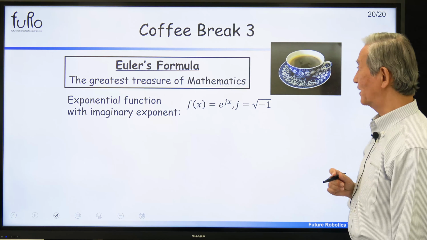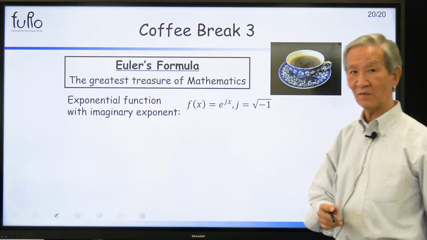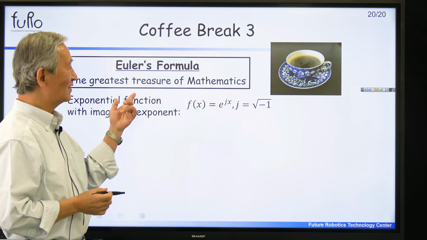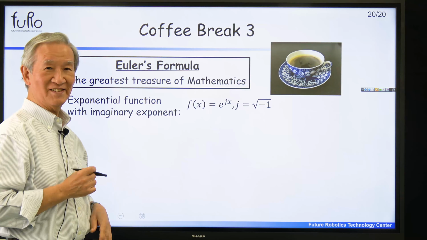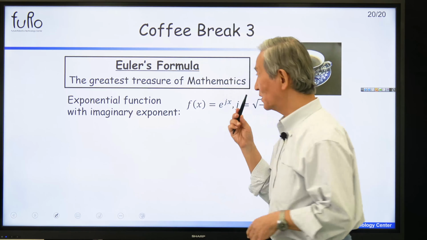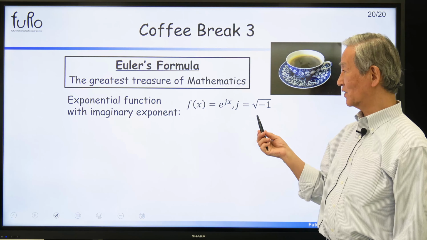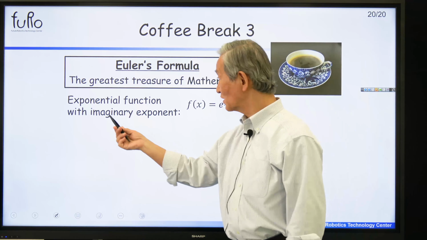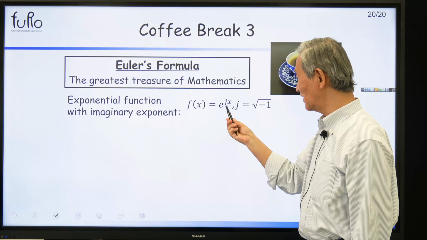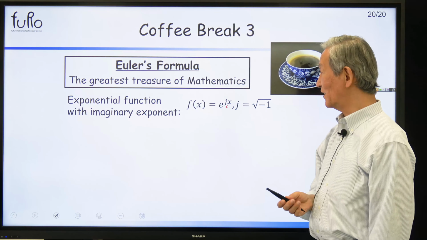Okay, coffee break 3. This is actually what I wanted to talk about. Euler's formula, the greatest treasure of my life. Wow. I strongly believe that. What is it? Well, we first look at a strange function, an exponential function with an imaginary exponent. So we have j here, e to the jx.